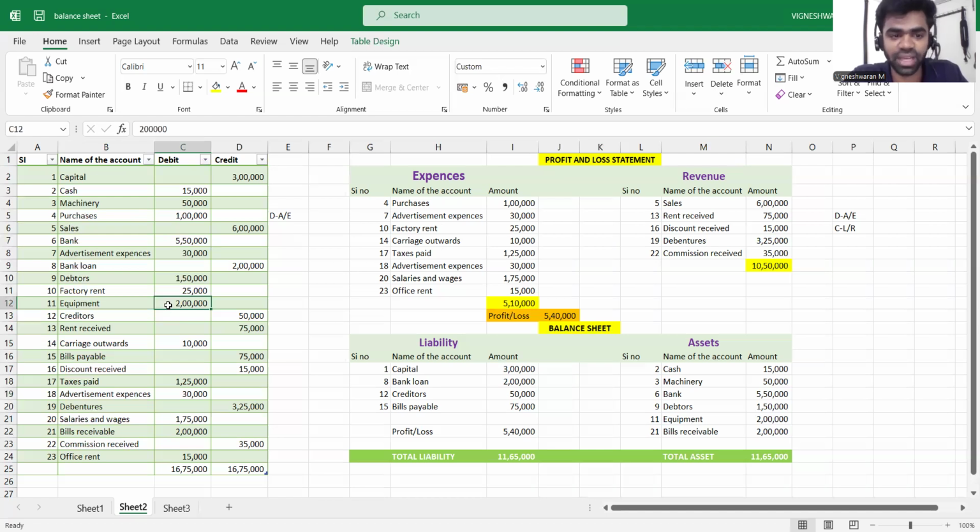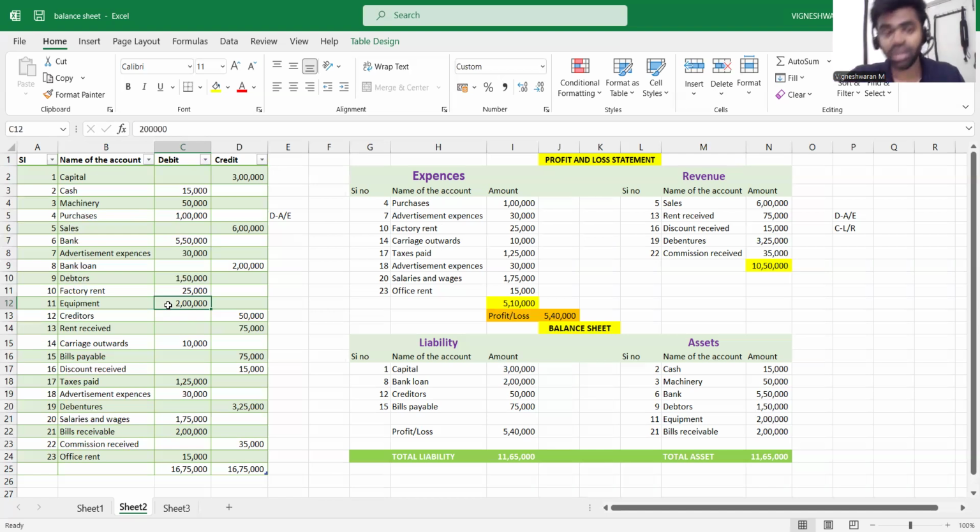Of course we can say equipment, machinery, land, and buildings will all be included in assets. But if you get confused, just think whether it is an expense or not. If not, we can directly mention it on the asset side.